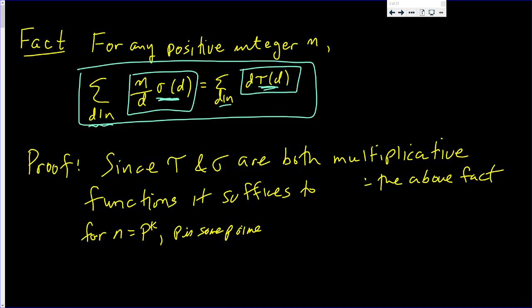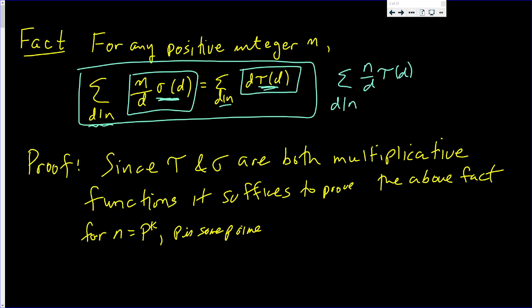So let us look at what we really want to show, because we changed it a little bit. Now, in the first summation, n over d times tau of d, we are summing up over d values. Which d values? The divisors of n.